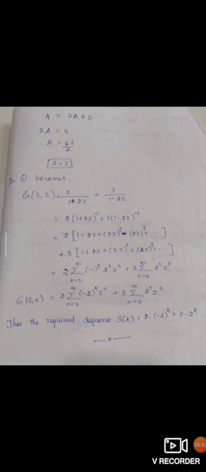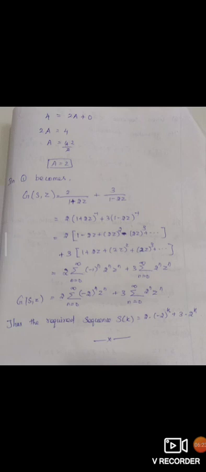The inverse formula is (1 + x)^-1 equal to 1 - x + x^2 - x^3. This is our formula for (1 + x)^-1. Using this formula you have to expand it. So 2 into (1 - 2z + (2z)^2 - (2z)^3 + etc.)